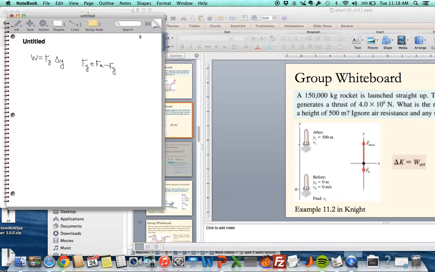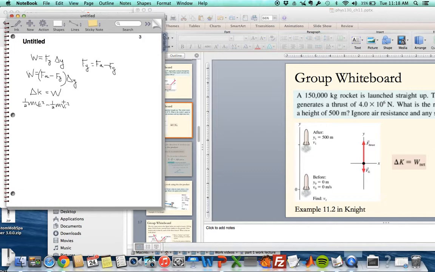So the work is equal to F thrust minus Fg, times delta y. Now I can set that equal to delta K, so delta K is equal to W. And my delta K is 1/2 m v final squared minus 1/2 m v initial squared.